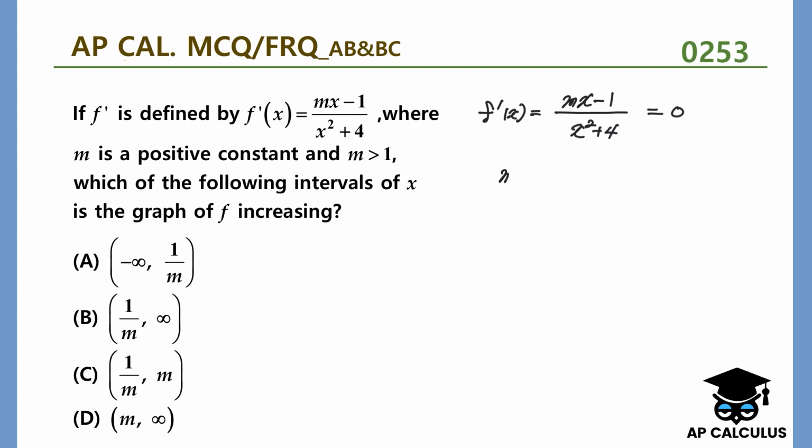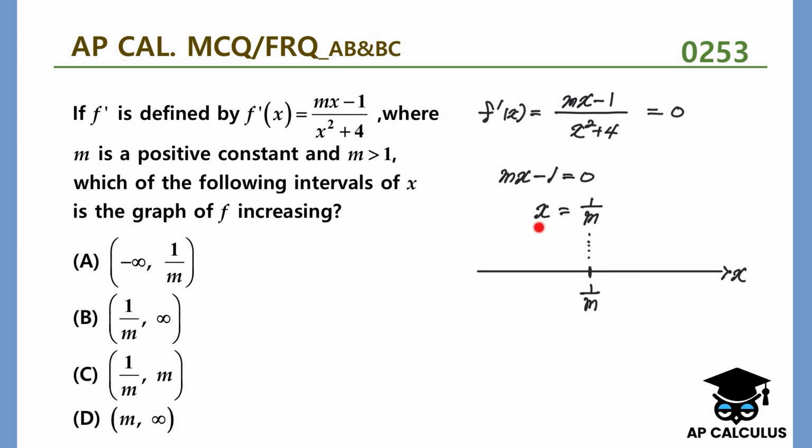So mx minus 1 is equal to 0, then mx is equal to 1, and x is equal to 1 over m. Now draw the number line. Here is x. We have a critical point 1 over m, and we have two intervals to test.